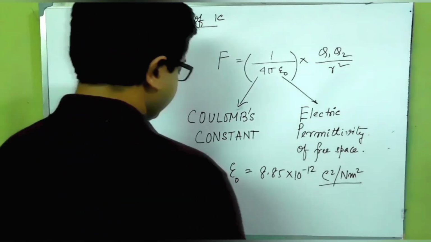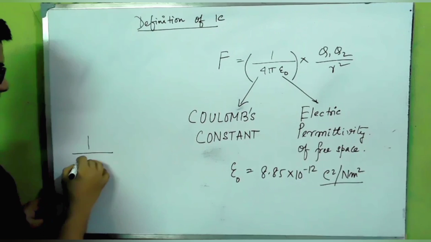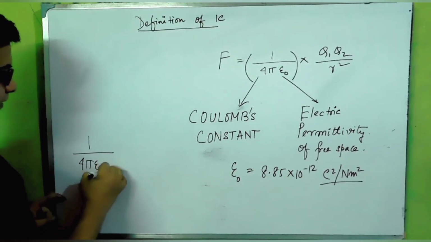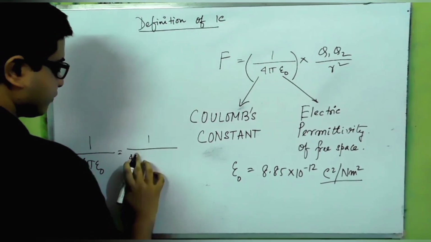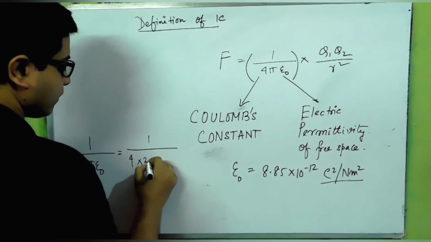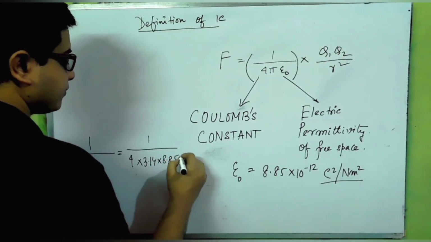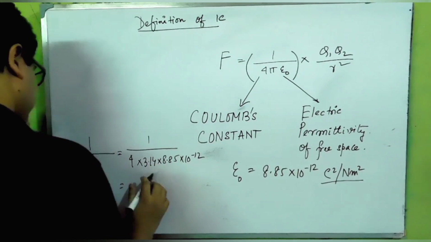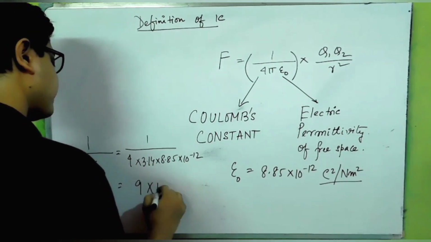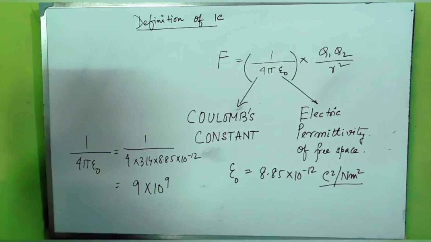And accordingly, if we derive the value of 1 over 4 pi epsilon naught, it is going to be 1 by 4 into 3.14 into 8.85 into 10 to the power minus 12, and the value we obtained is 9 into 10 to the power 9, and the unit.